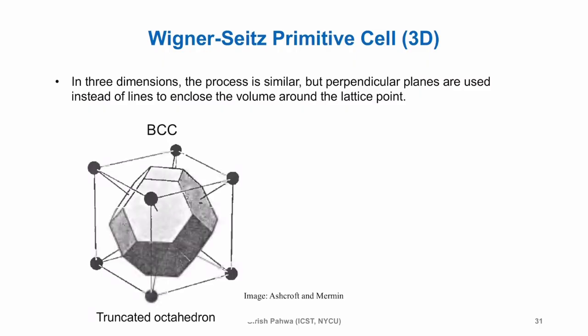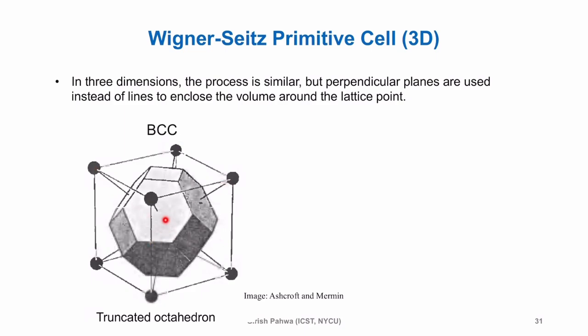So for BCC, this is how the Wigner-Seitz cell is going to look. Do you understand? Because at the center is a lattice point. You connect that lattice point to all of these neighbors, right?